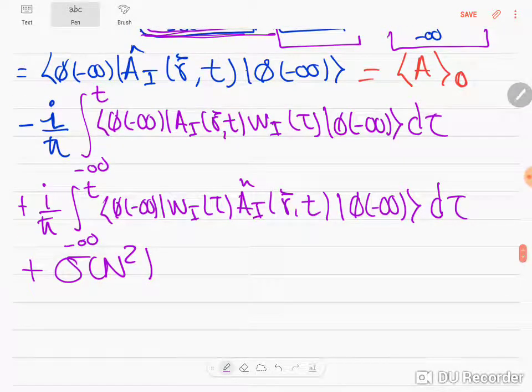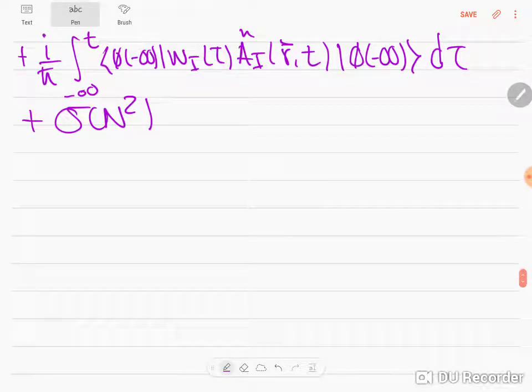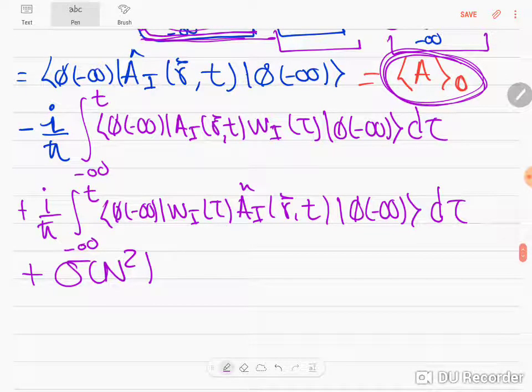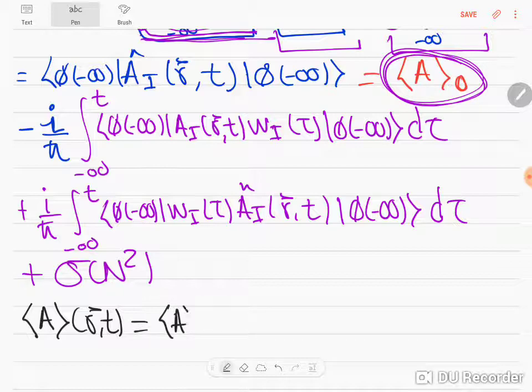Let's scroll down a little bit. Remember that we have this thing here, we cannot forget that. So I will write now in black that the expectation value of A, which depends on r and t, will be equal to A₀, which is what we have here, minus what we have here plus what we have here.